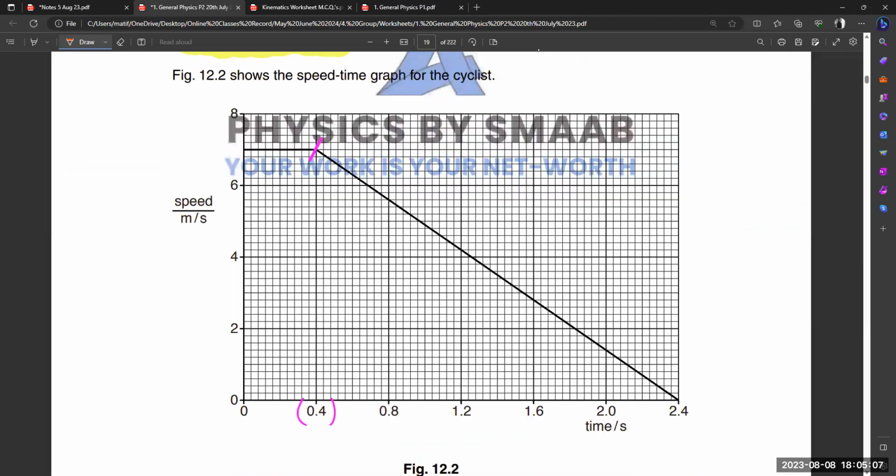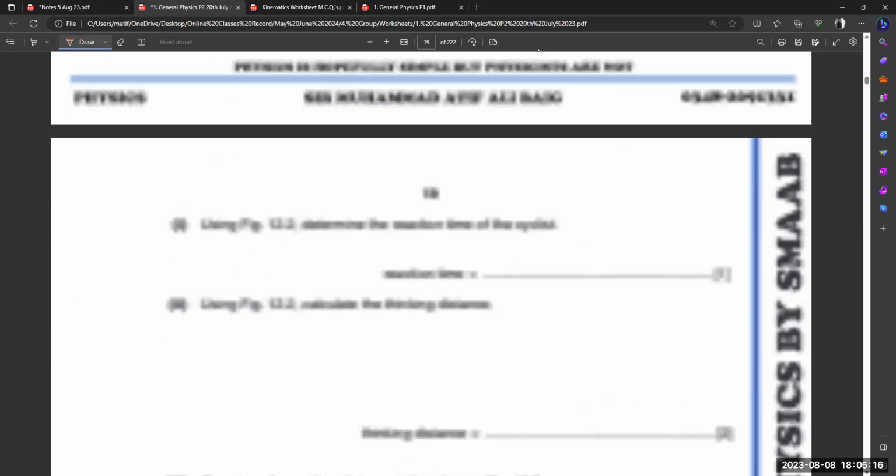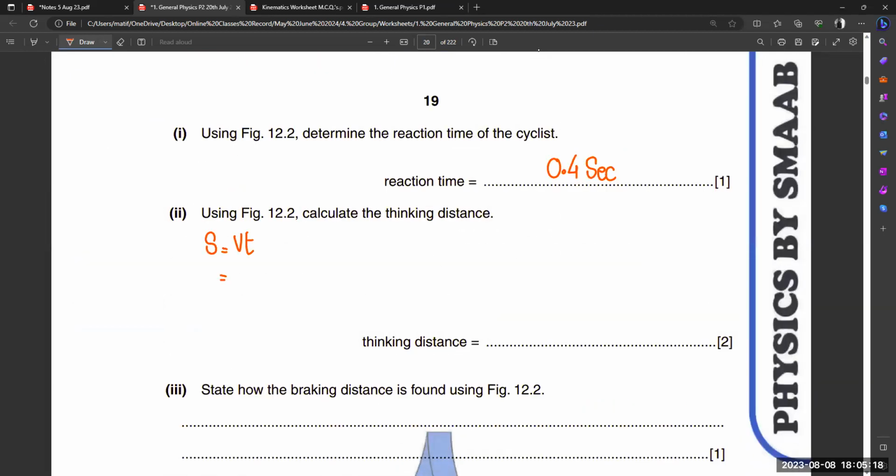It's 7 meter per second, and 0.4 seconds is the time. So this is the value of the thinking distance: 7 times 0.4 is 2.8. Yeah, it's 2.8.